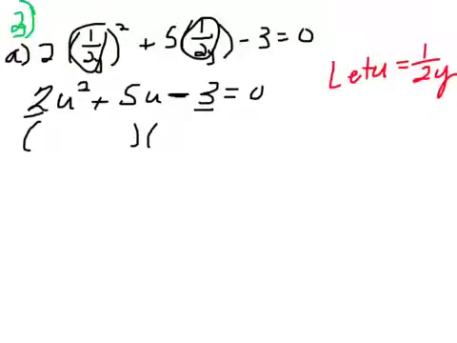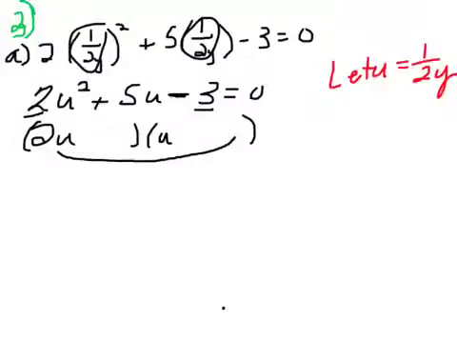But if it's 2u squared, I know it's got to be a 2u and a u. And if it's a 3 at the end, I know it's got to be a 3 and a 1. How can I combine these things to come up with a 5 somehow? Well, I know that 2 plus 3 is 5, so I don't want to multiply probably the 2 and the 3 together. I might need to. It just depends. Actually, I think I am going to have to.